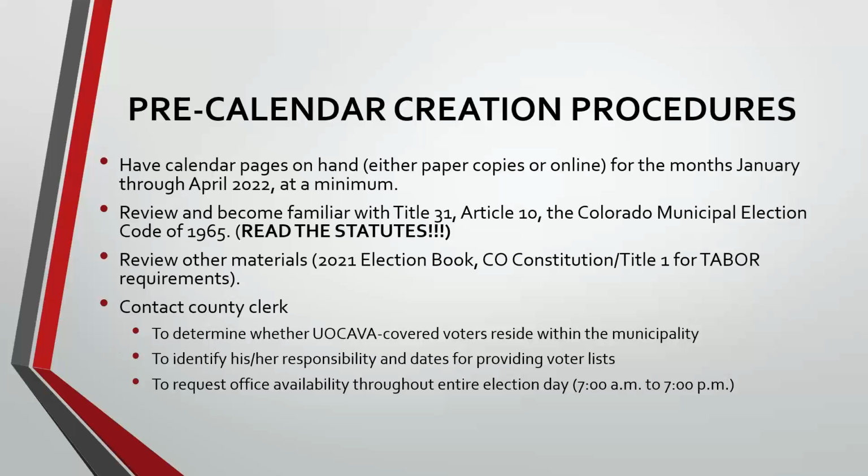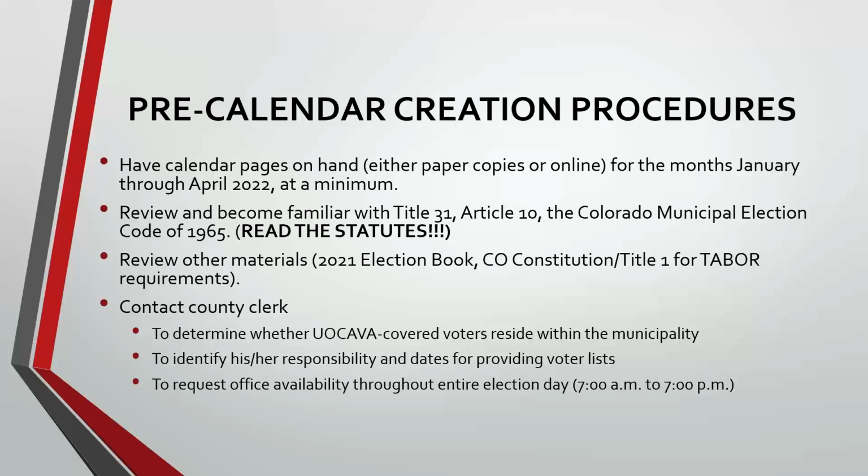The other thing that I suggest you do is to contact your county clerk for the following reasons. First of all, you want to find out if there are any UOCAVA covered voters residing within your municipalities. UOCAVA stands for Uniformed and Overseas Citizen Absentee Voting Act.